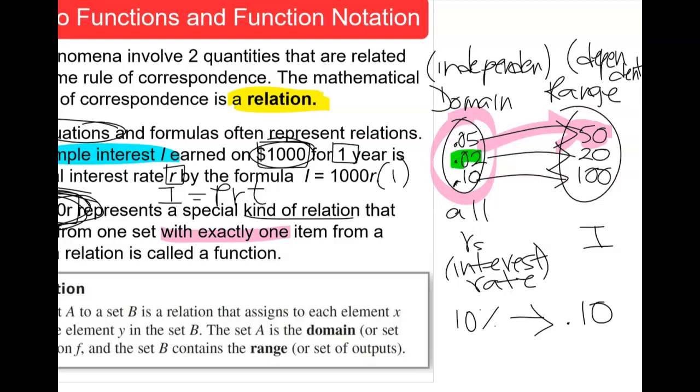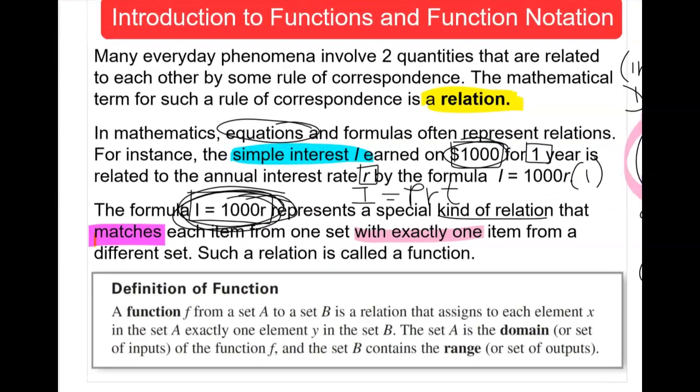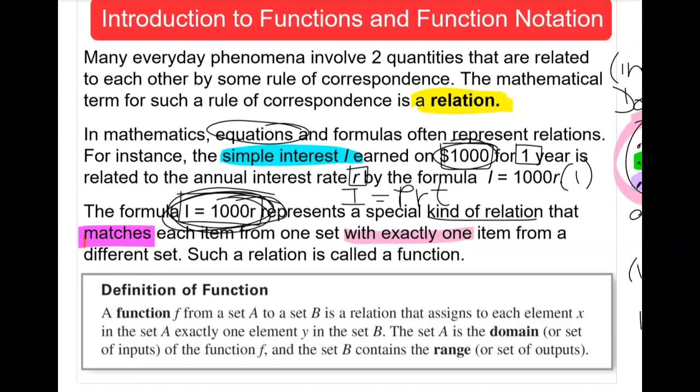Now, for 0.02, we have only one value, which is 20. And similarly, for 0.10, we only have one value for interest, which is 100. So that right there is the perfect example of a function. And also keep in mind that we were using 1 year for the time. So that is a relation, of course, but it is more than a relation, it is a function.